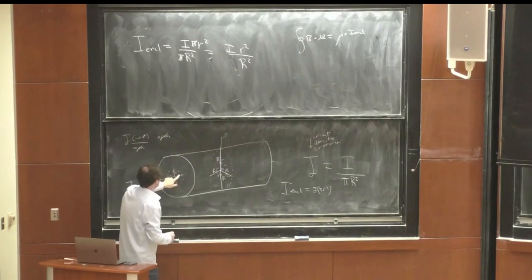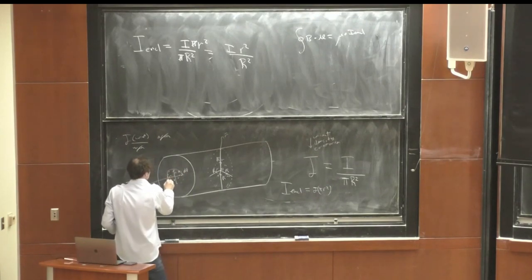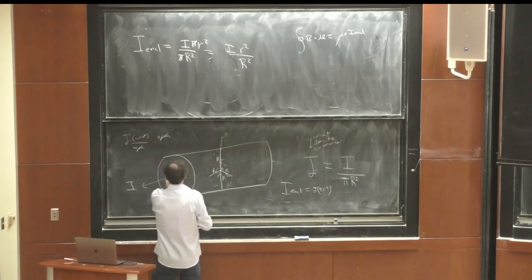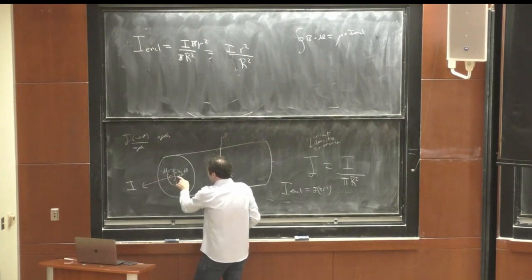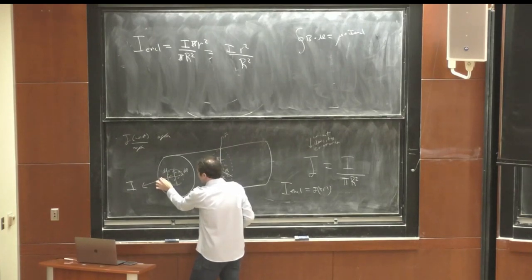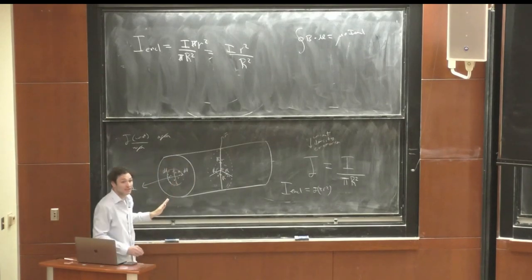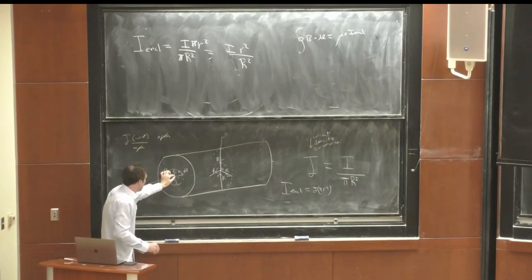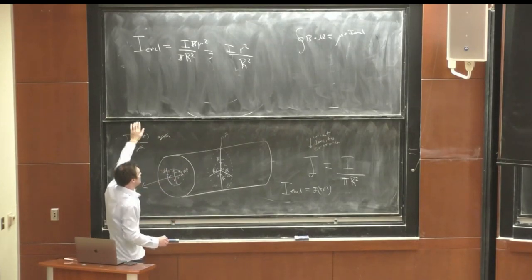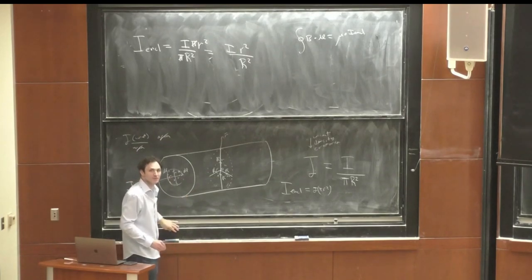Whatever my r is, it's 2 pi r. That's the length of my path, because I'm going along dl here, and I'm counting out all of the current that flows through, whether r is here or comes out a little further, and then I'm going to have a little more I enclosed. But regardless, I have the answer for any r, not just one point. Any r from 0 all the way out to here. Does everybody see what I'm doing there? How that works? Anybody confused by this?